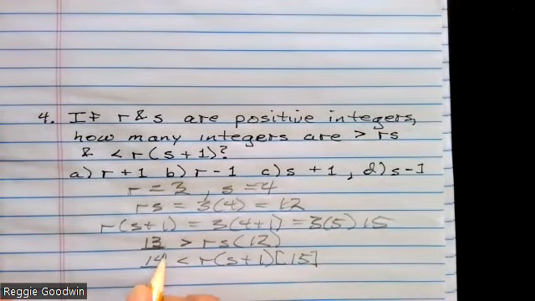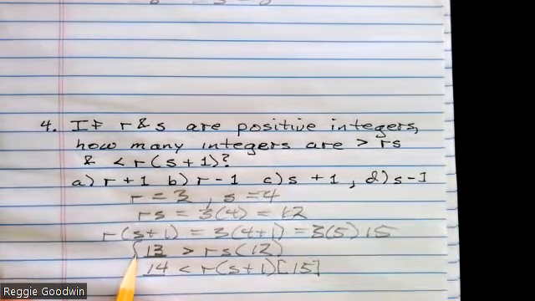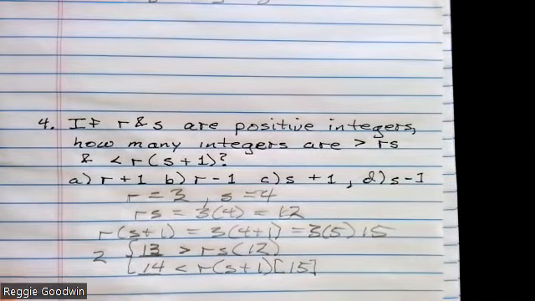That number is 14. So what we're looking for is, once we solve these equations in A, B, C, and D, they have to total two integers, one which is greater than the product of rs and one which is less than the product of r times s plus 1.